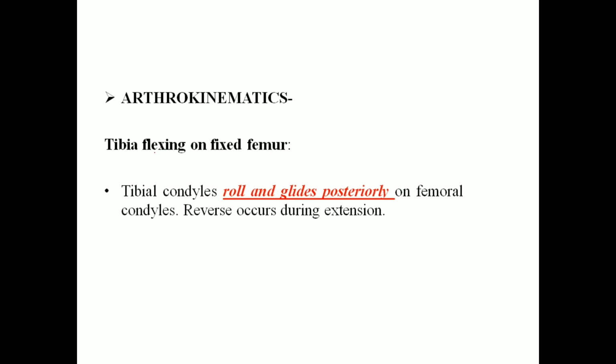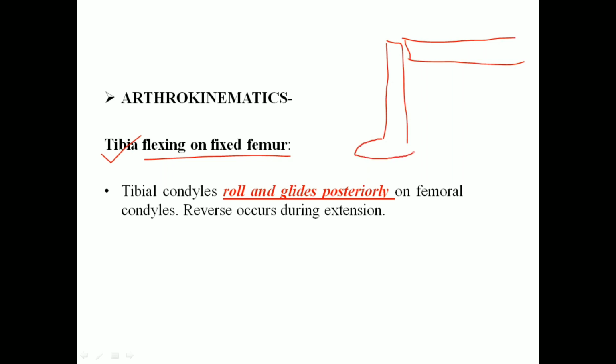Now when the tibia is going to flex on the fixed femur, how does it take place? Just look at the rough diagram. For example, this is our femur bone roughly, and here we have the tibia bone. Now what is going to happen? This is our 90-degree position, meaning sitting position, non-weight bearing position. The person is sitting in high sitting position.